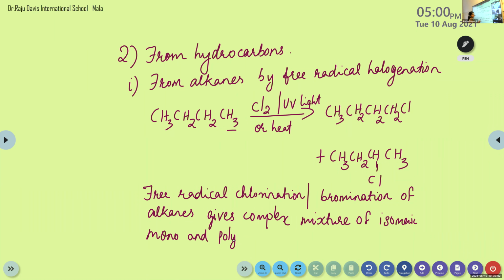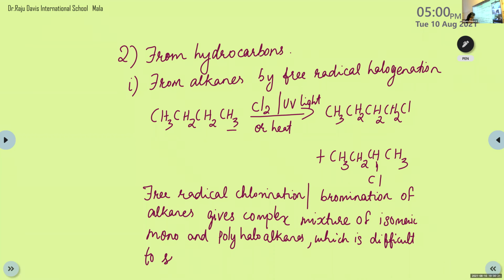Sometimes one halogen is substituted, otherwise more than one, which is difficult to separate as pure compounds. That's the difficulty here.